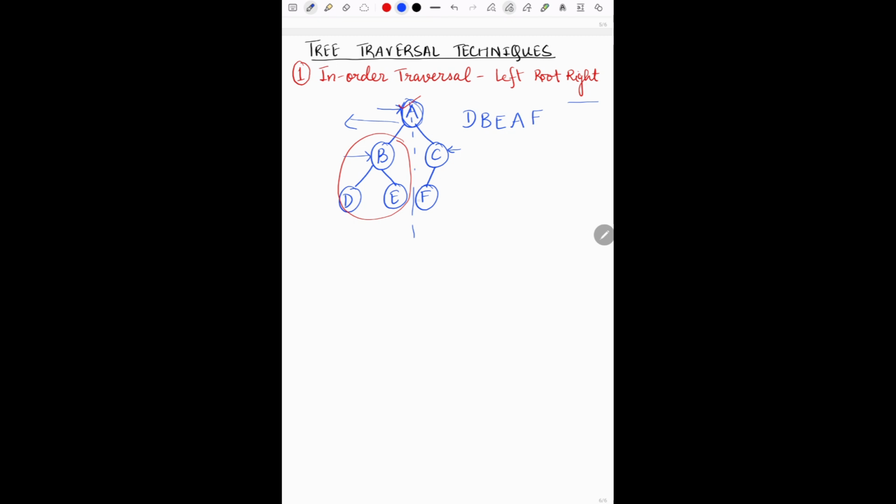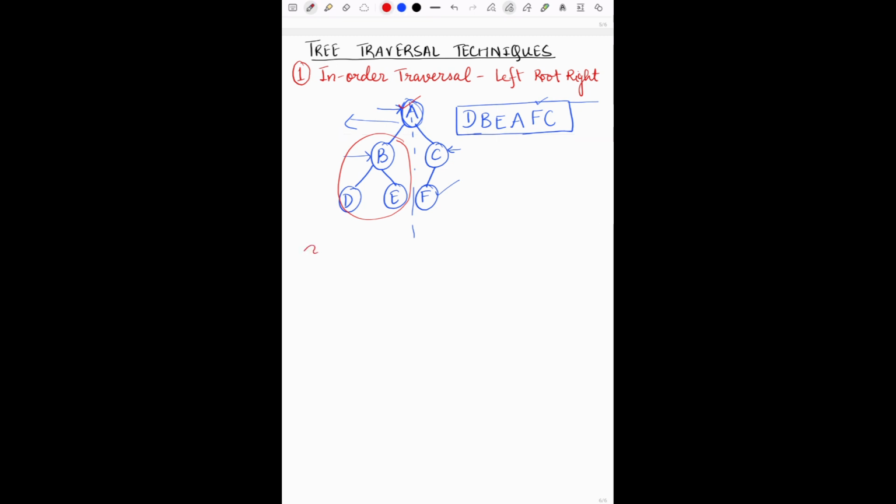As per in-order traversal, first we write the left, which is F, then the root, which is C, and then the right. Since it is null, we are not going to write anything. So this particular sequence is known as the in-order traversal of the given tree.